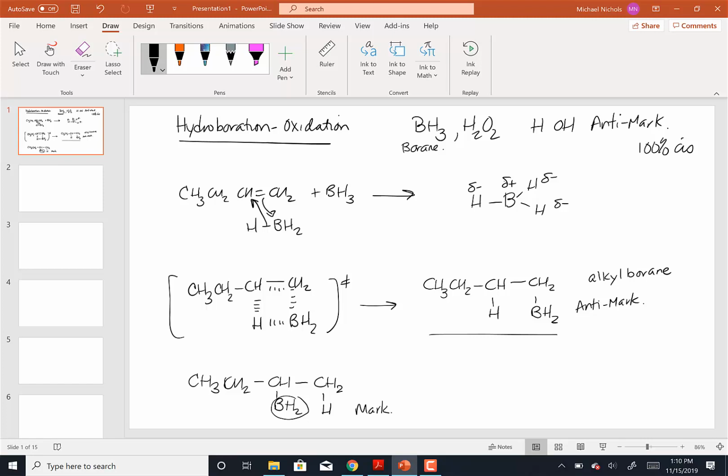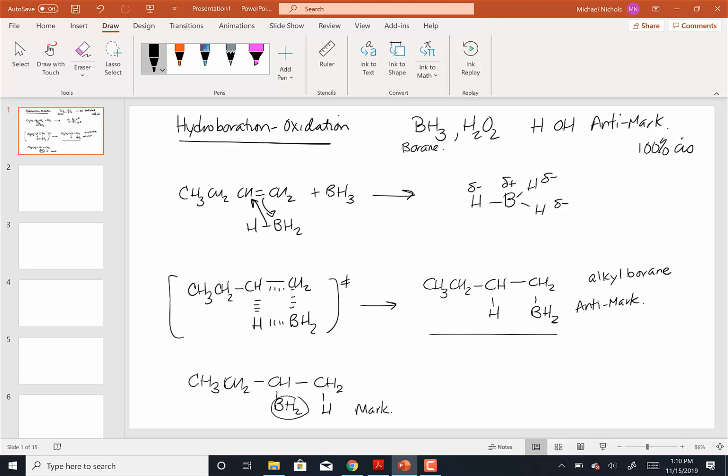Because this step is not the only step in the mechanism. So we have 3 boron-hydrogen bonds that I can add to double bonds. So the stoichiometric ratio of this reaction is basically you need 1/3 of the number of moles of alkene for every 1 mole of boron.